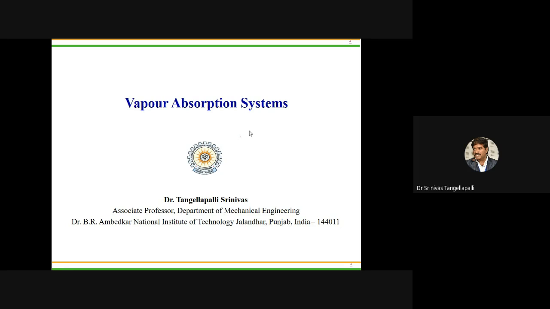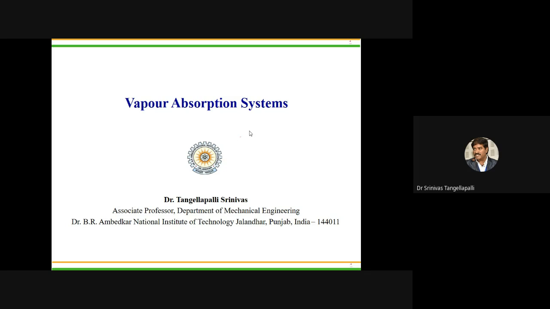For the vapor absorption refrigeration cycle, there is no inventor name because that is also the Rankine cycle, invented in the reverse direction. The reverse Rankine cycle, but exactly it is not following the Rankine cycle principle.